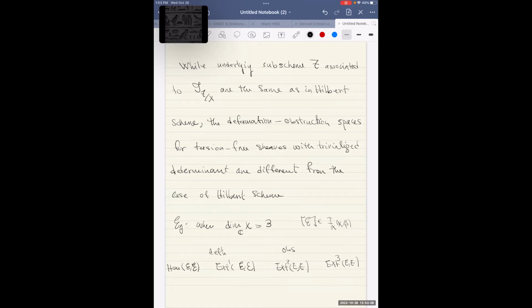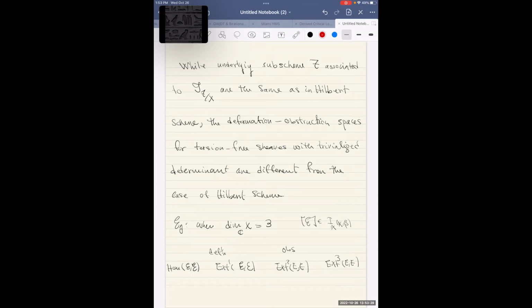All right, so now you might say this is a lot of trouble because our deformation obstruction complex has 4 terms. What should I do with this? Here is the fact that immediately gives you what you want: the very particular characteristics of these sheaves.